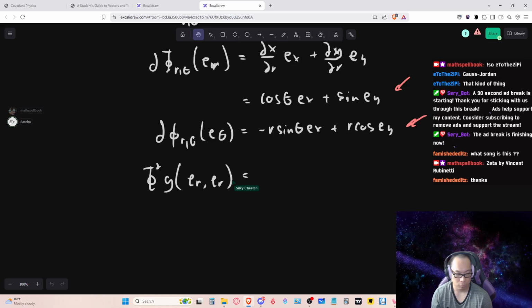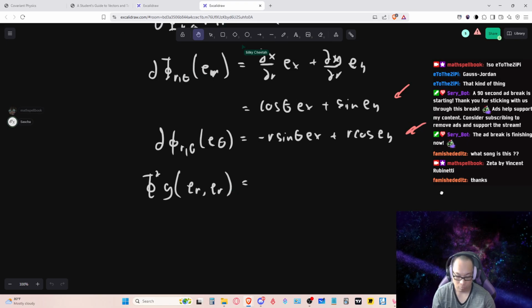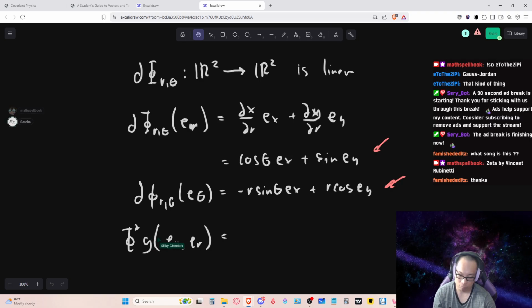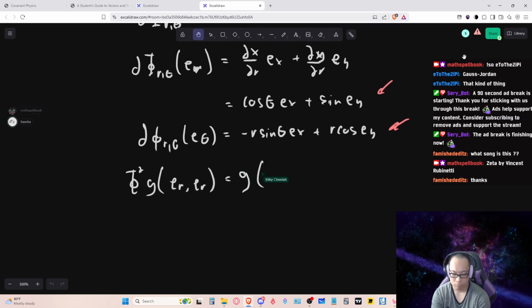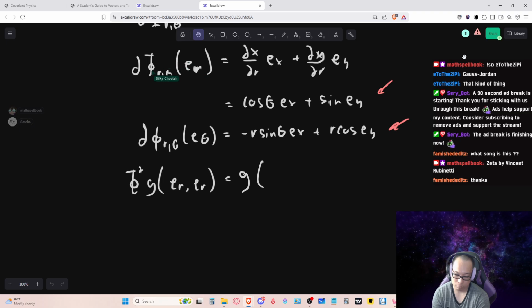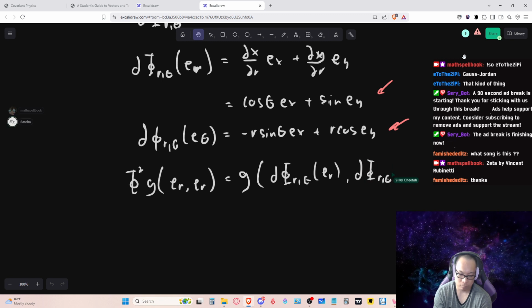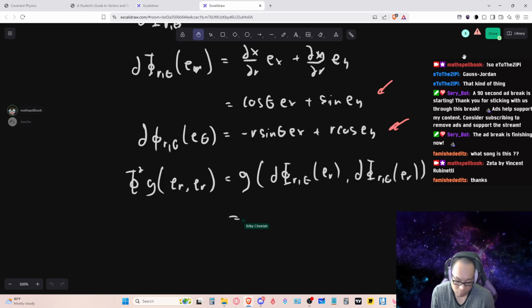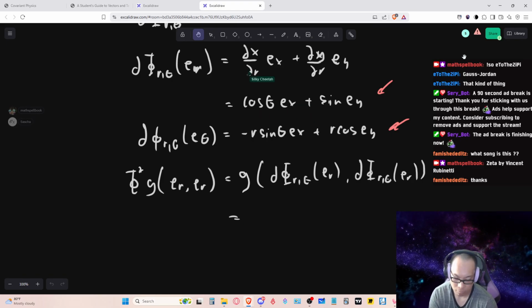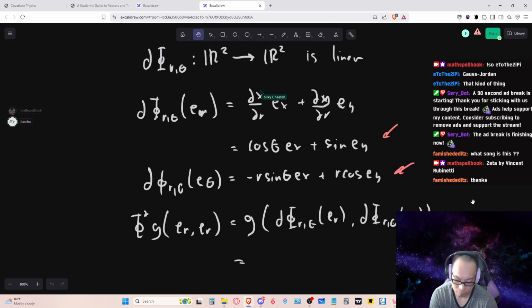Okay, so let's go back to our initial plan of stealing the metric. This by definition would be J evaluated at r theta. I want to do this computation, and maybe you can help me a little bit. So what would this be? Basically we're going to square each coordinate, right?